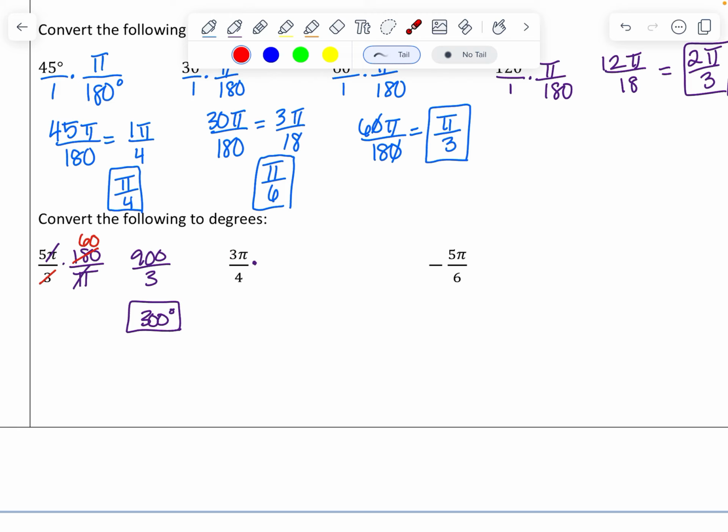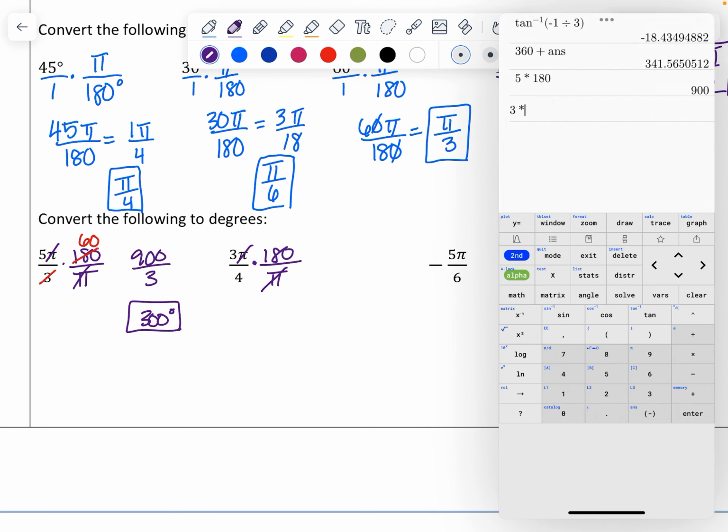So 45, 90, should be 135. Let's multiply it out. So times by 180 over pi cancels the pi. Then 3 times 180 on top is 540 over 4. 540 divided by 4 is going to be 135.